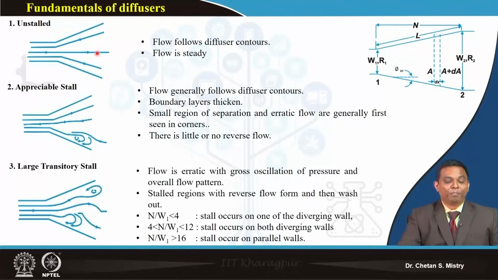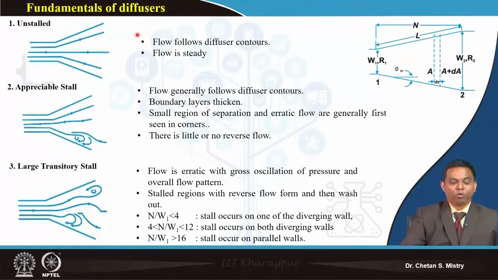You can say my flow is more uniform and steady in a sense. So we can say this is an unstalled kind of configuration. So for many applications, as aerodynamists, we are looking for this kind of configuration in which we have this unstalled condition.